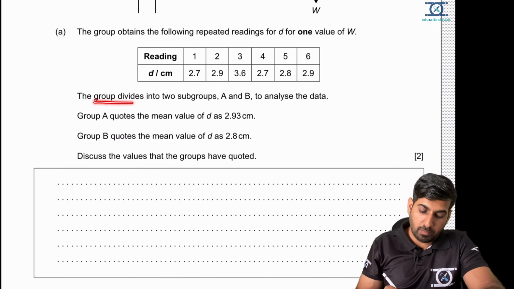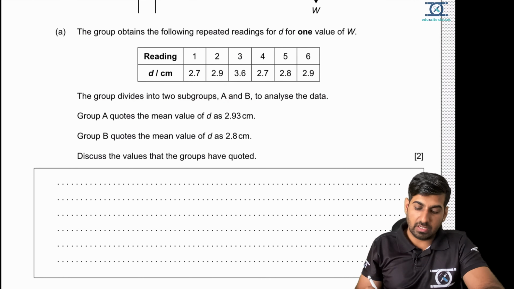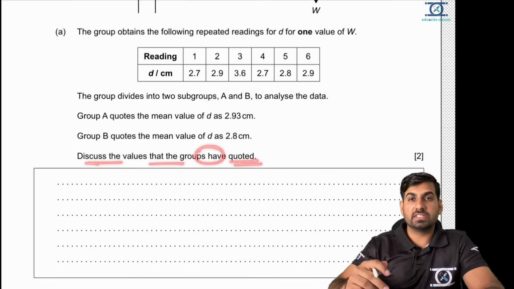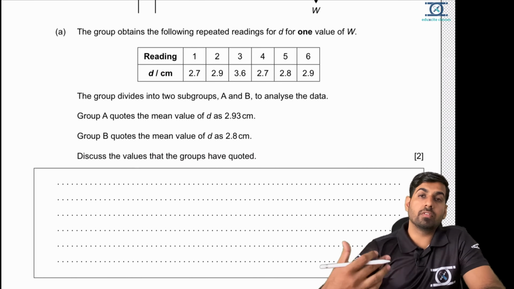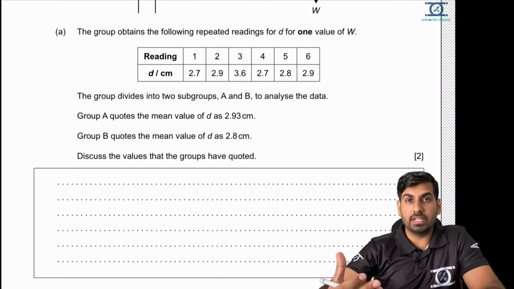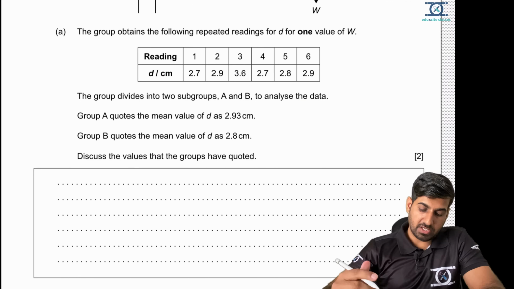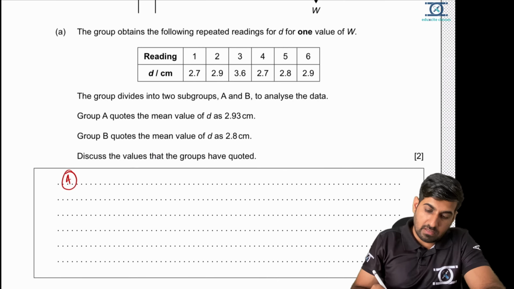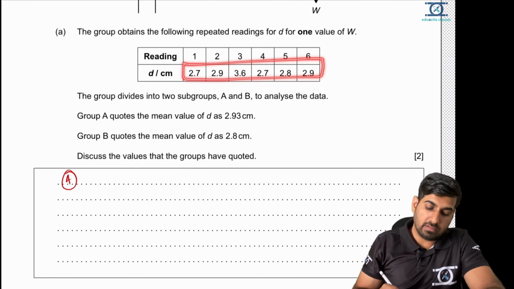Now this group is divided into subgroups A and B to analyze the data. Group A quotes that the mean value of D is 2.93, whereas the other group quoted the mean value of D as 2.8. Now discuss the values that the groups have quoted. In such a question where we have to comment on the analysis of the data gathered by the students, for group A, just take the sum of all these deflections and divide by the number of readings, that is 6.